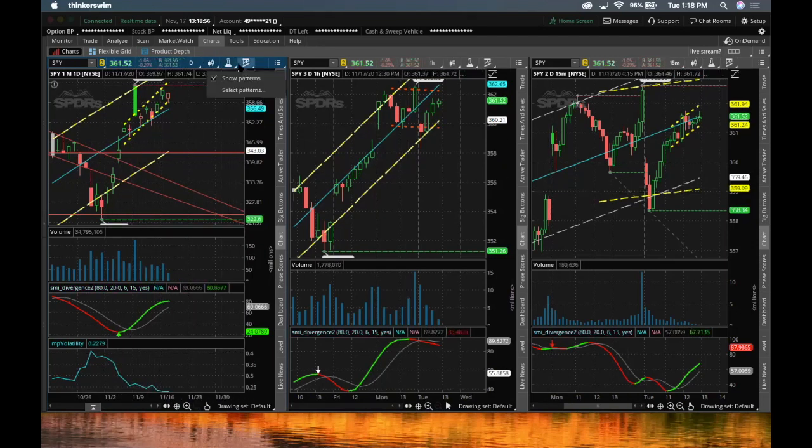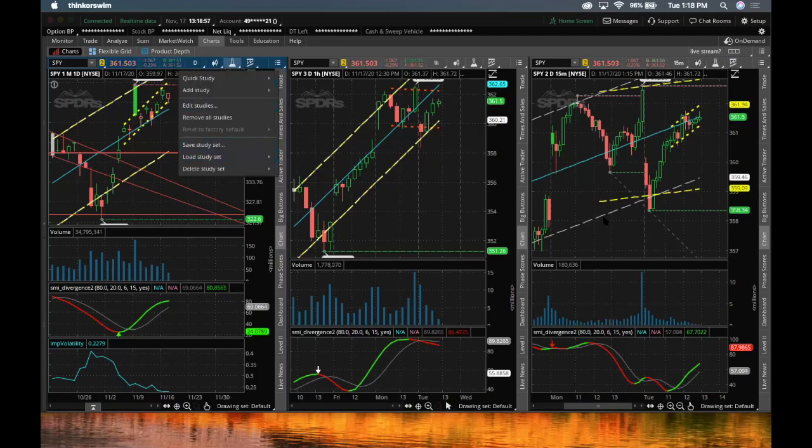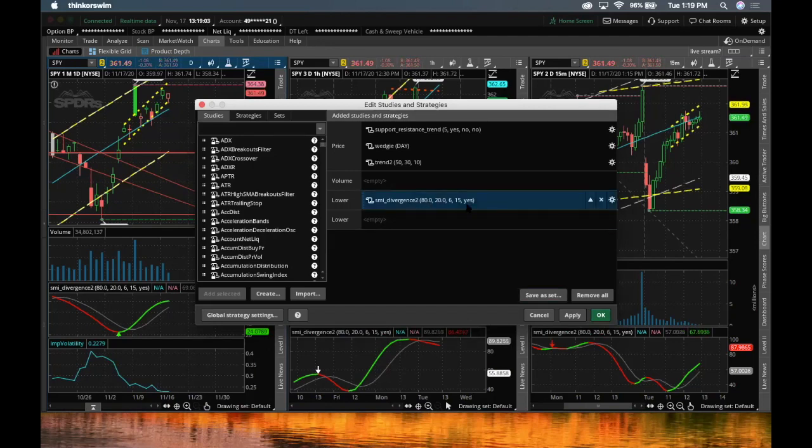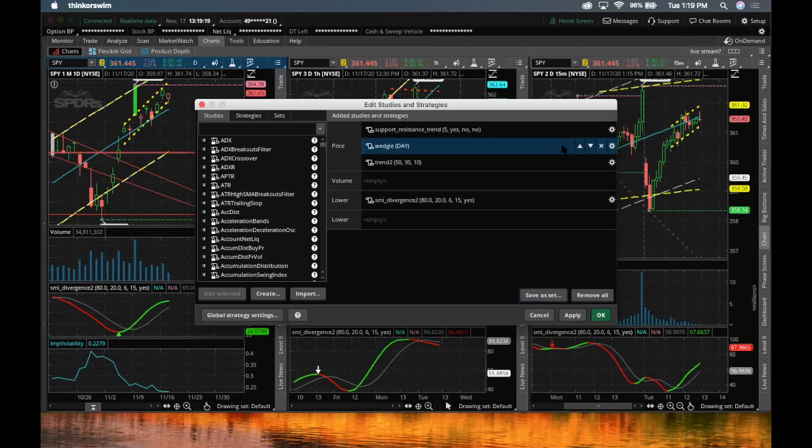Let me remove each one of these so you can see what each one does. Implied volatility is a built-in one. The SMI divergence one is one that I kind of made up, based on the stochastic momentum index. It's pretty reliable. The other one I have going on is Wedgie.